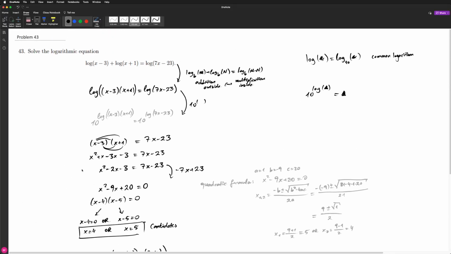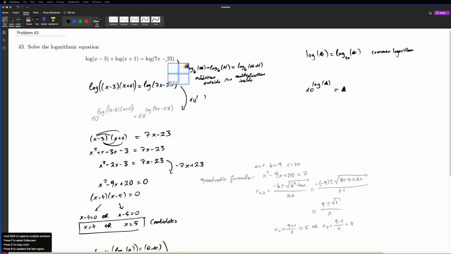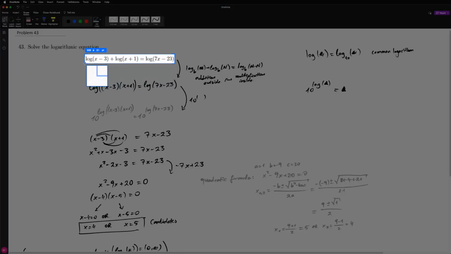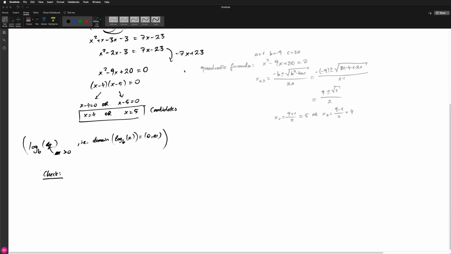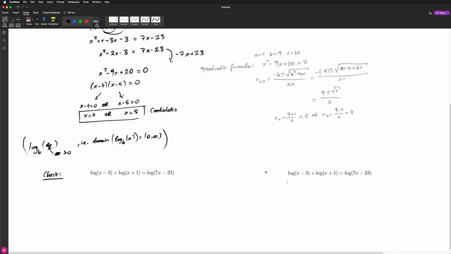So you write your original equation. Let me just copy and paste. And you have to do it twice, right? Two candidates.